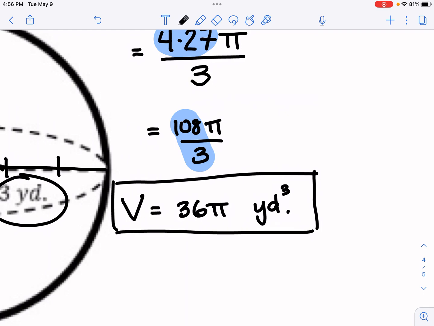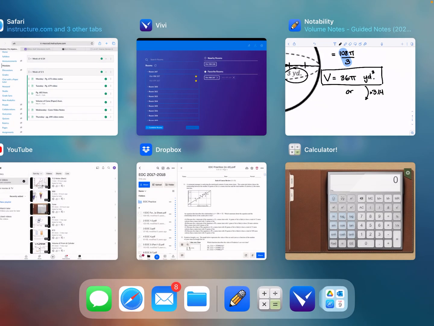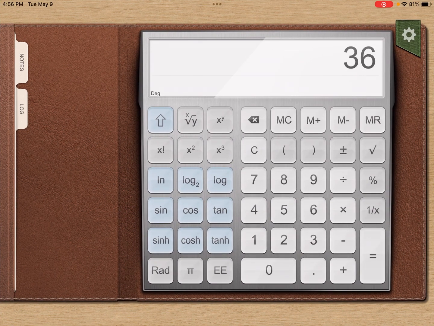You might see your answer in terms of pi, or we can multiply it by 3.14 as a final step to get our final answer, potentially rounded to the nearest hundredths place. So let's multiply 36 times 3.14. I'll use my calculator for that. 36 times pi.